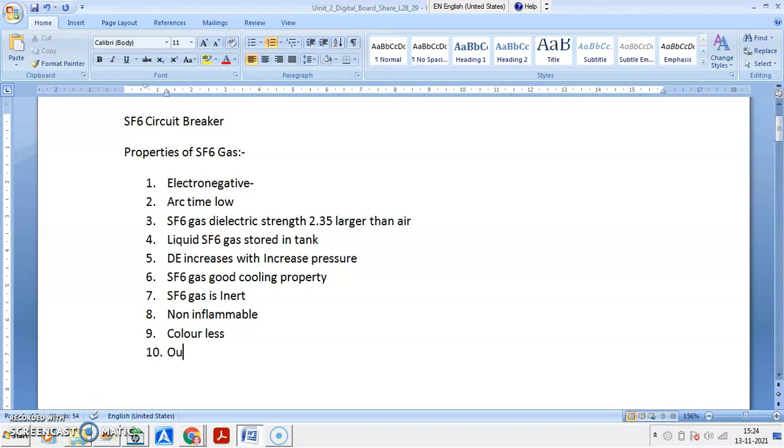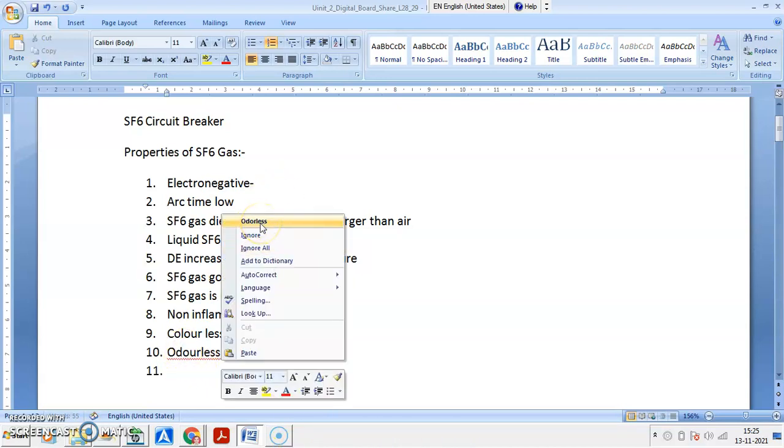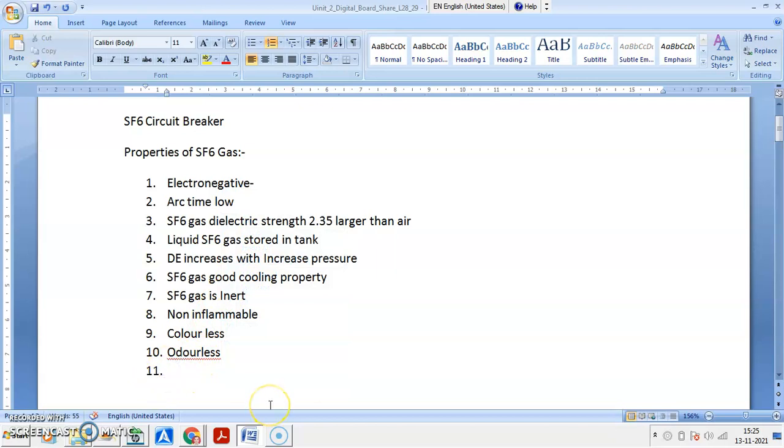Some gases have odors which may be harmful. So odorless. Then you have non-toxic. This gas is non-toxic. Non-toxic means normally the chemical effect will be neutral, nullified.